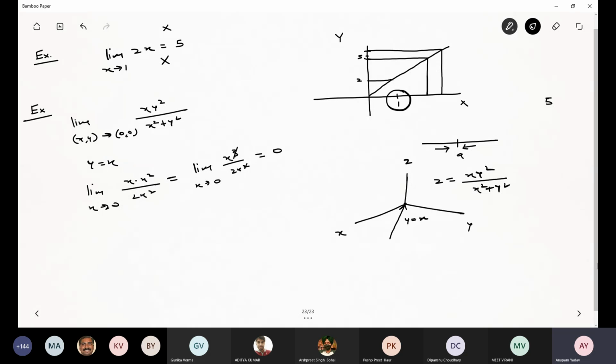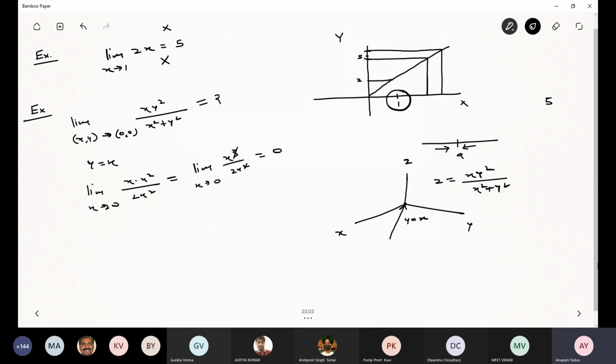So now my question is, what did we do? Listen carefully, most of the students get confused here. Just try to relate to the previous example which I asked you. If the limit exists, and I know that along the direction y equals x it is coming out to be 0, what should be the value of this particular thing?